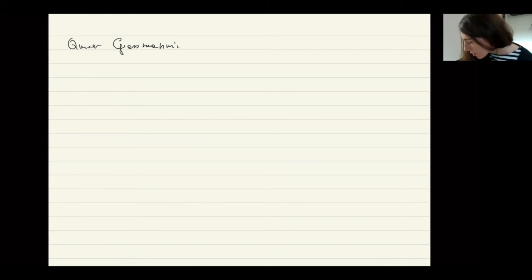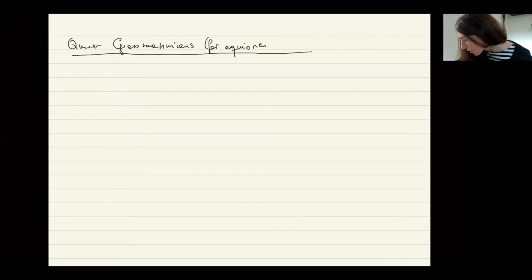So now I think it's time to talk about quiver Grassmannians. In fact, I'm just going to focus on the equioriented cycle to save some notation, because it's the example we really deal with.